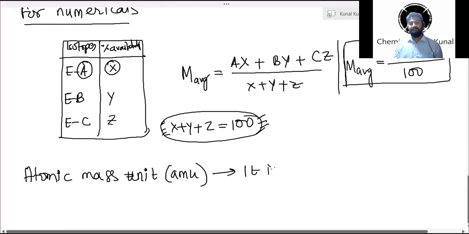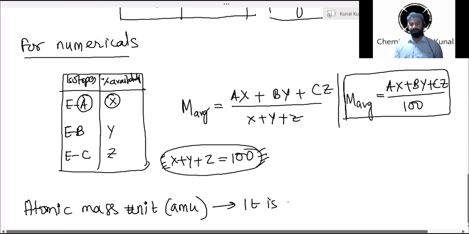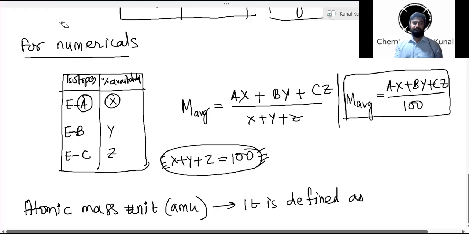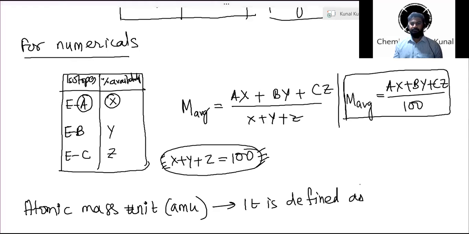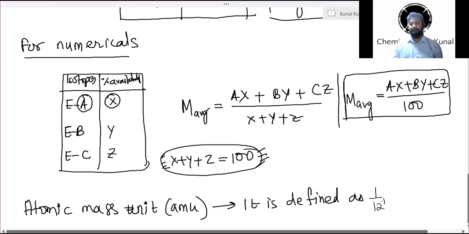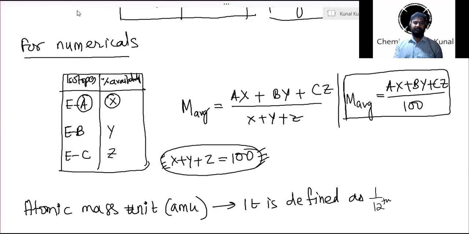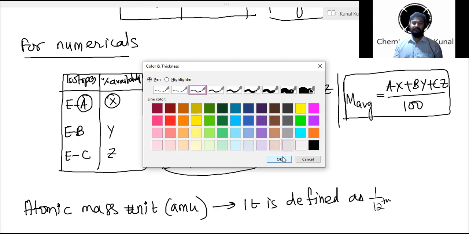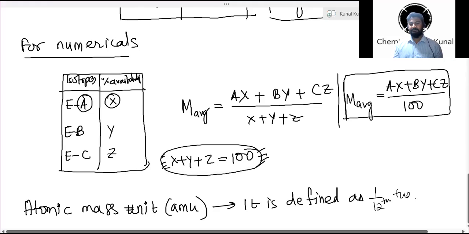See, it is defined as 1/12 the mass of carbon 12 isotope.